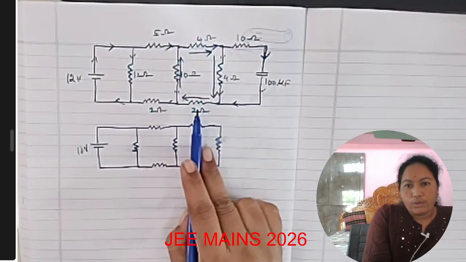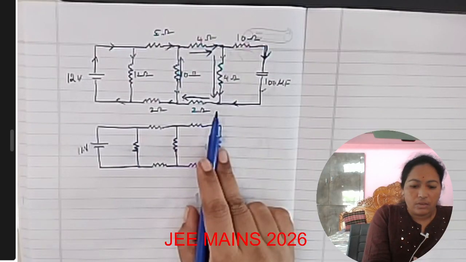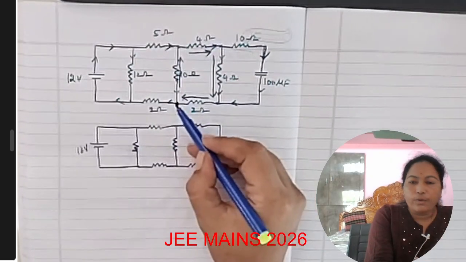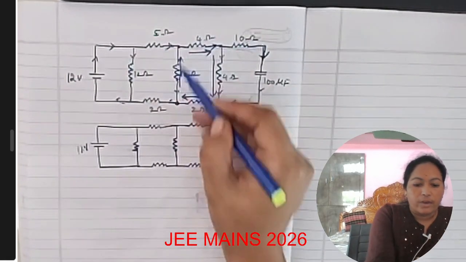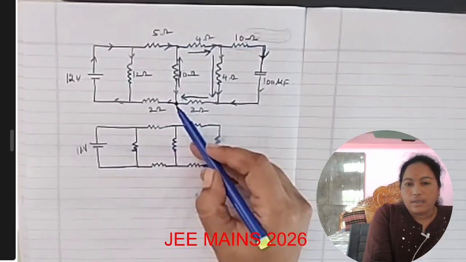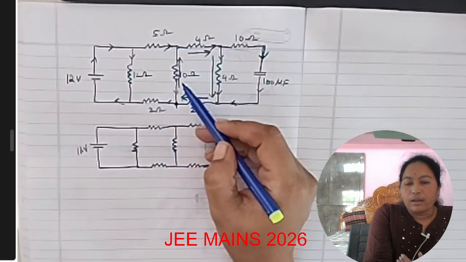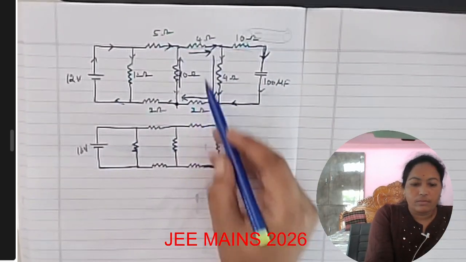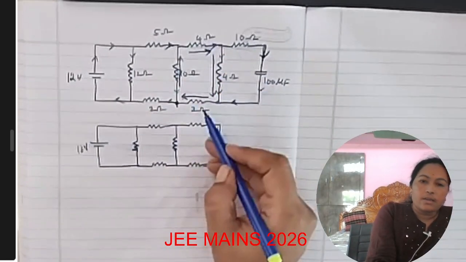There is no junction, and the current is not dividing at any node of this loop. And here, the flow of the current divides into two parts, this way and this way. So it acts as a junction. At the junction, this resistor will be in parallel with these three resistors.